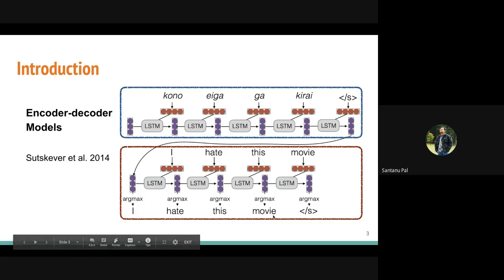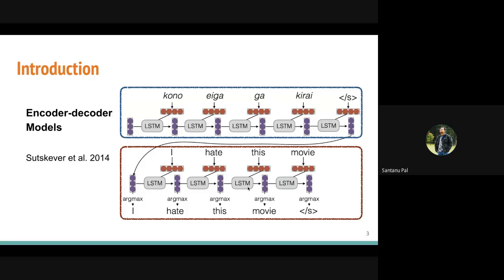In this case, the end representation receives all the information from the source words, and then it will pass to the decoder. There will be some disadvantage here.